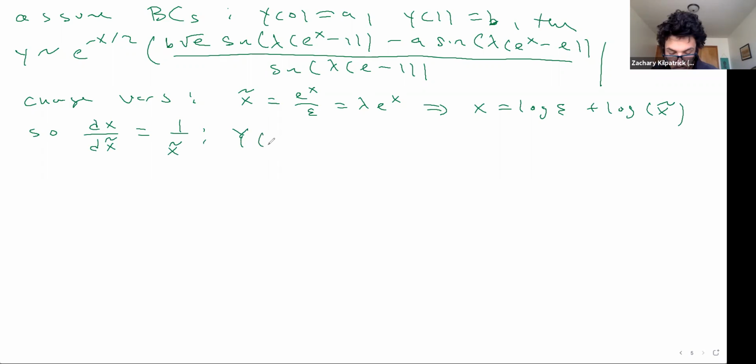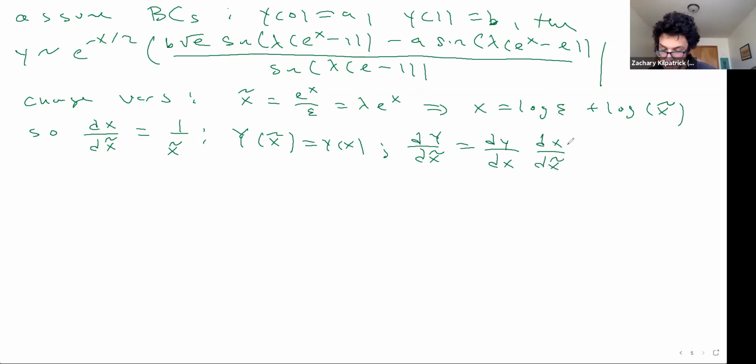This implies that y of x tilde is equal to y of x, and dy over dx tilde is equal to dy over dx times dx over dx tilde, which is y prime over x tilde.